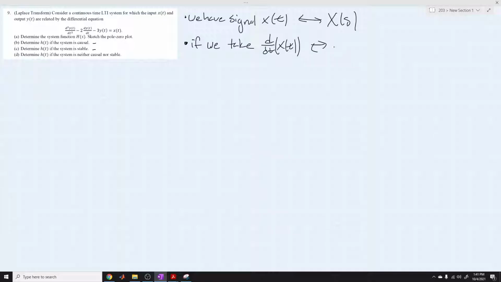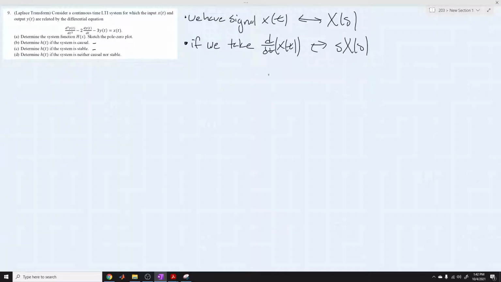Now, if you use table 9.1, let's say we have a signal x of t, just some arbitrary signal. If that signal has a Laplace transform, it's going to be big X of s, right? If we differentiate x of t with respect to time, that's going to give us s times X of s.